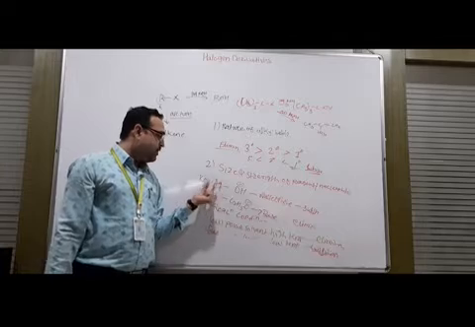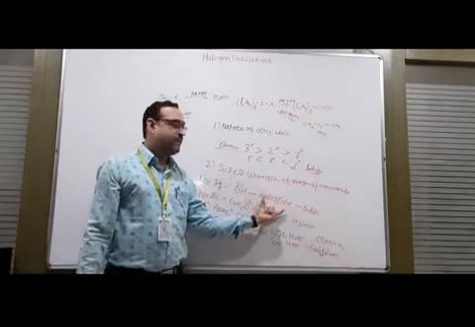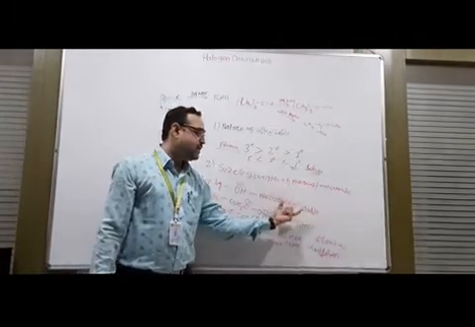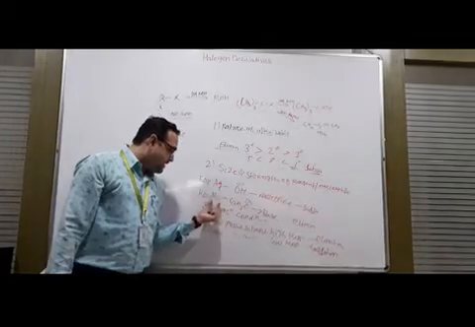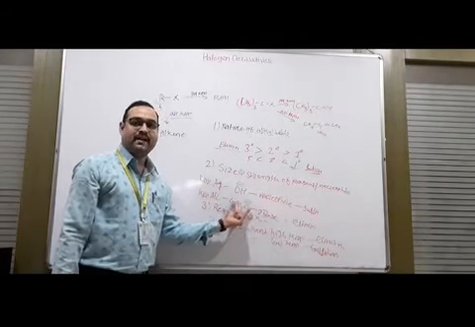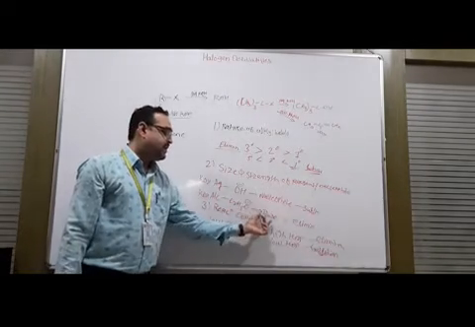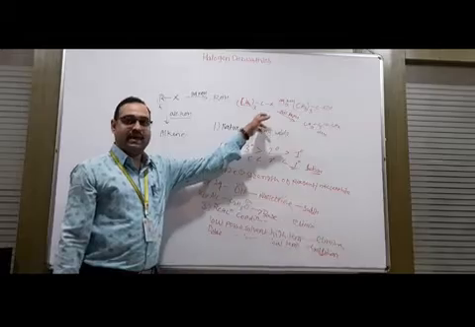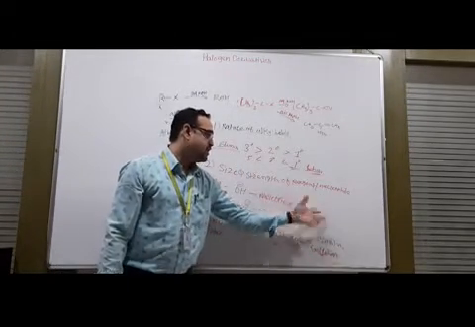When KOH is aqueous, it preferably acts as a nucleophile and does substitution reaction. Whereas in alcoholic KOH, C2H5O minus, that is ethoxide ion, is a bulkier group which acts as a base because it removes a proton from alkyl halide to give elimination reaction.